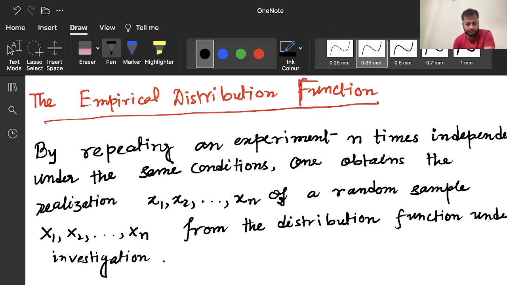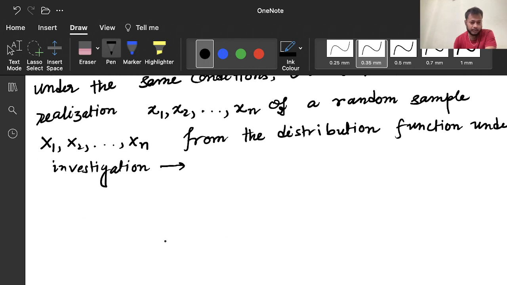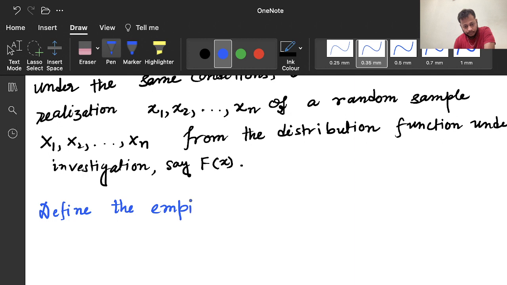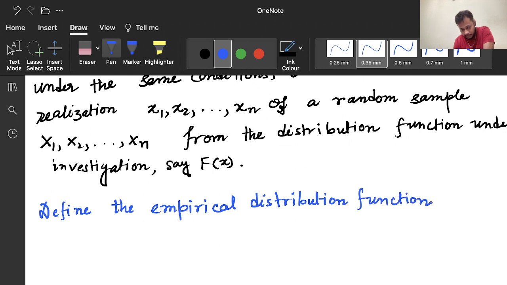So let us define the empirical distribution function.